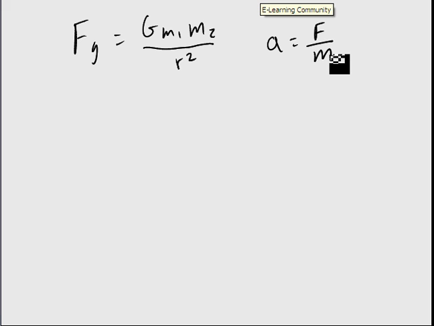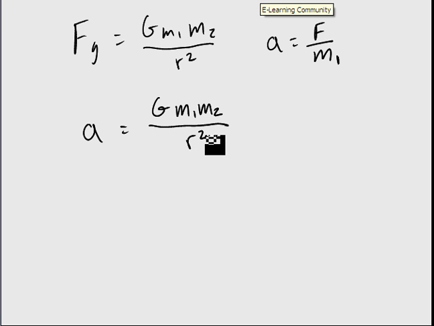And if I just substitute these in, remember this mass down here on the acceleration equation is the mass of the person, so we'll call that mass 1, and mass 2 will be the mass of the Earth. Instead of writing F, we just write out this whole thing, G m1 m2 over r squared, which is F, and then that divided by mass 1 should give us our acceleration due to gravity.